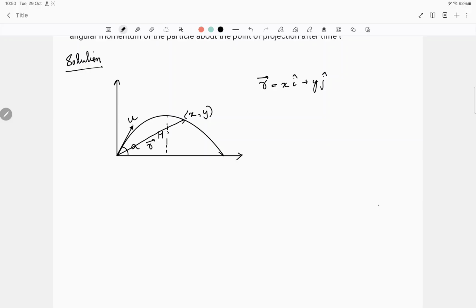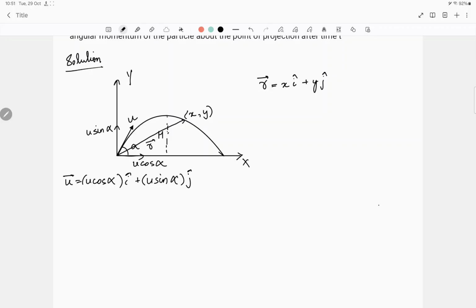Now let's resolve this u into two components, along the x direction and y direction. Those will become u cos alpha and u sin alpha. So vector u is given by u cos alpha i cap plus u sin alpha j cap.